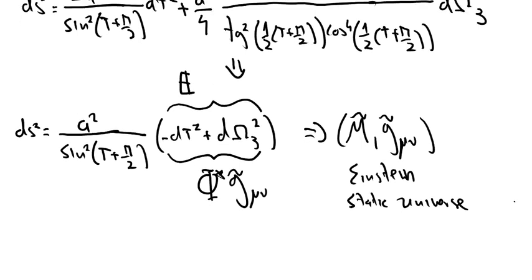So we have the explicit conformal embedding of de Sitter spacetime into the Einstein static universe.